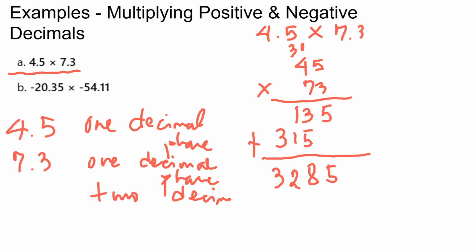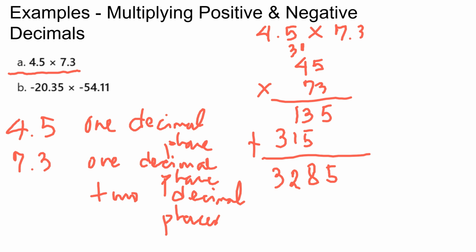Now, since we were able to see how many decimal places we have for both 4.5 and 7.3, which is a total of two, we will count from right to left of our product the same number of places as the total number of decimal places you counted in step two.